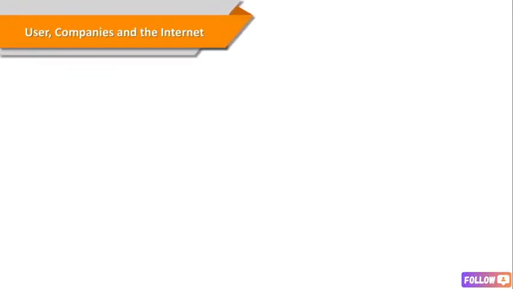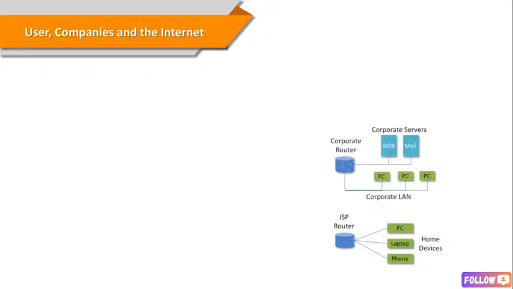So let's see what the Internet looks like on its most basic level. Here we have a home network with a router given by the Internet service provider, or ISP. Remember that modem that's given to you by your ISP, and the devices it connects to the Internet. This is a corporation with a lot of end-user computers and servers as well.